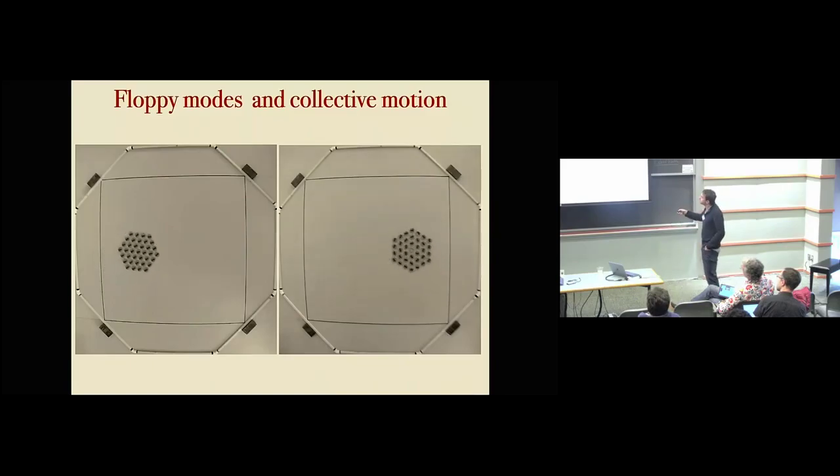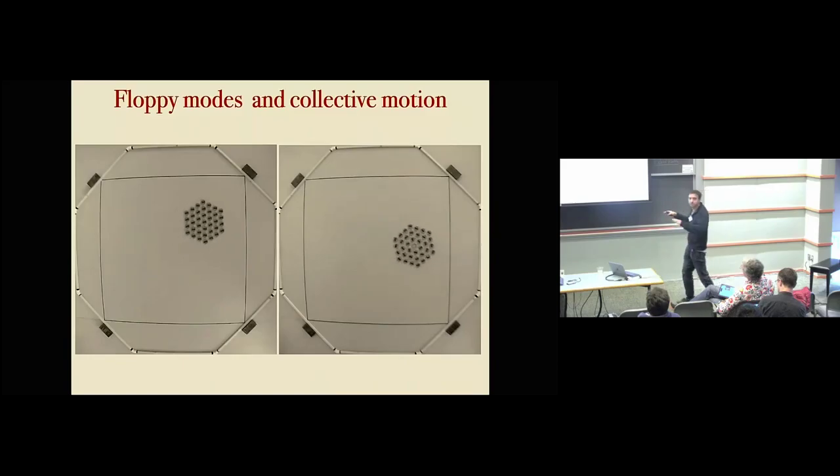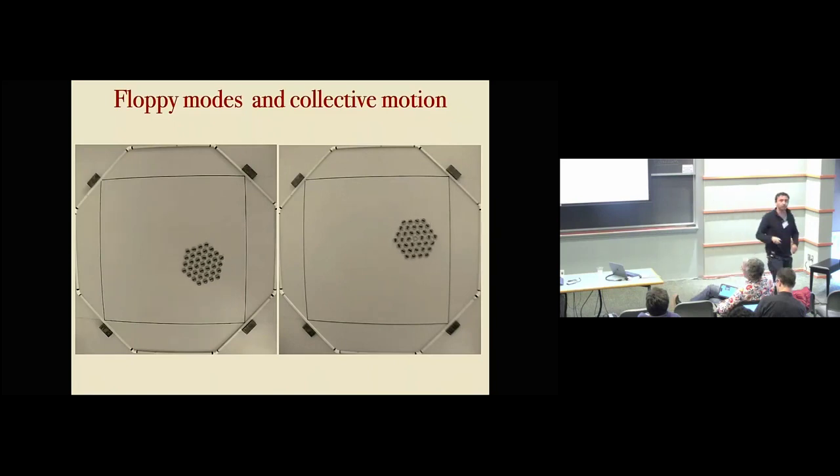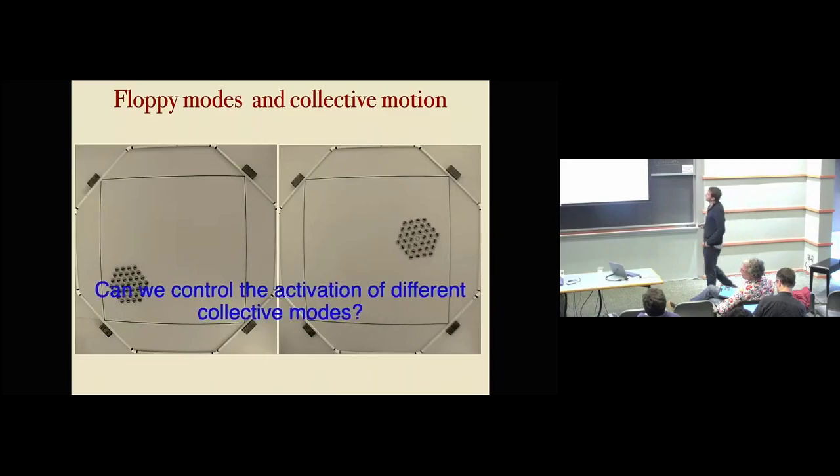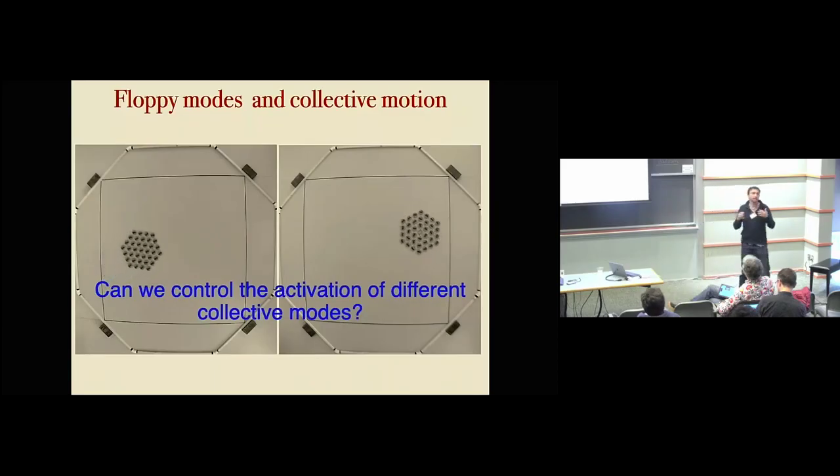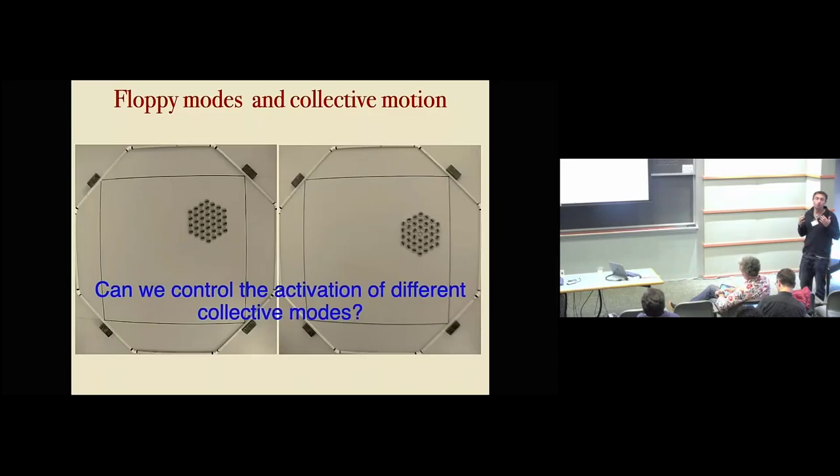And even more interesting, when it hits the wall, it's amazing that the system immediately reorganizes, points to the other direction, and starts to move. So it's always looking for the floppy mode of this system. What I want to understand is what controls this activation, or whether we can design some new system where we know or control which mode will be activated.